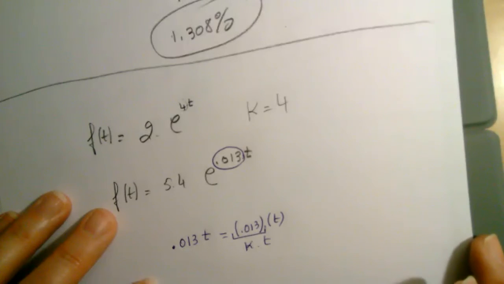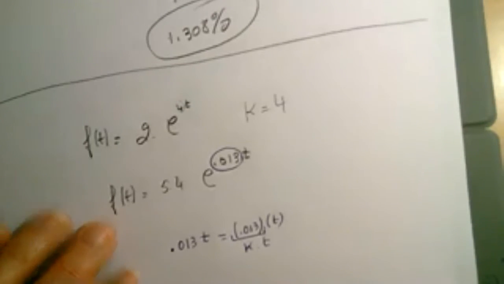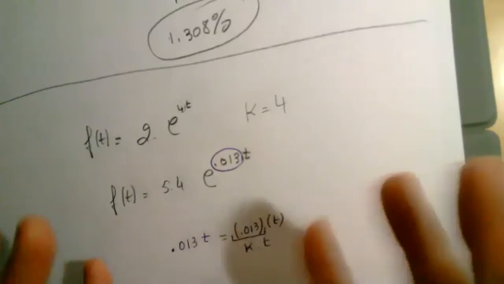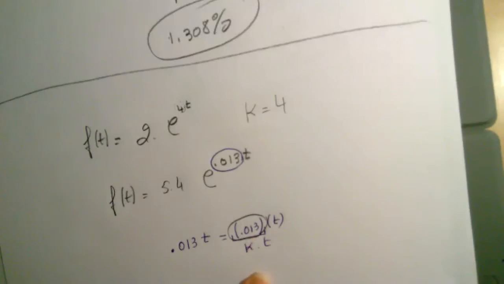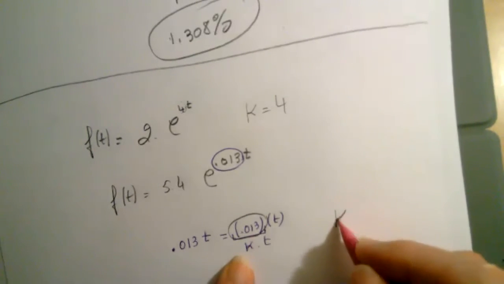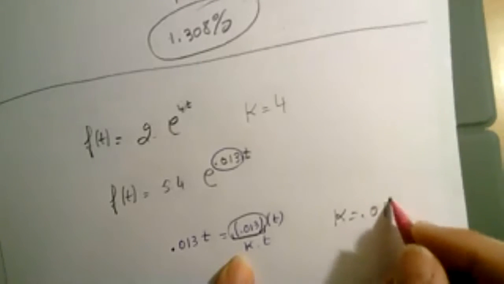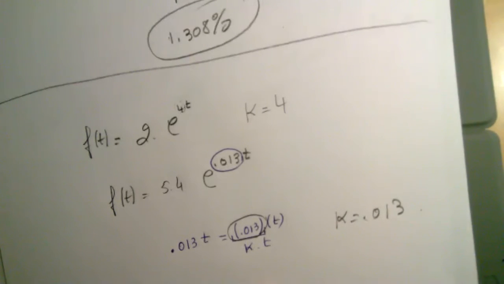E to the power k. So that's really my k. It's what we call the coefficient, the number that t is multiplied by. So here, my k is 0.013. And then what's B?